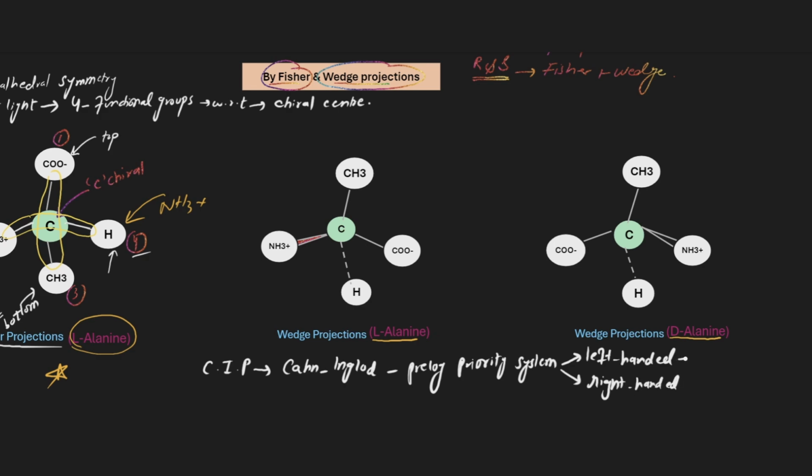Left-handed orientation means the molecule is in anti-clockwise rotation, and similarly right-handed means the molecule is in clockwise orientation.